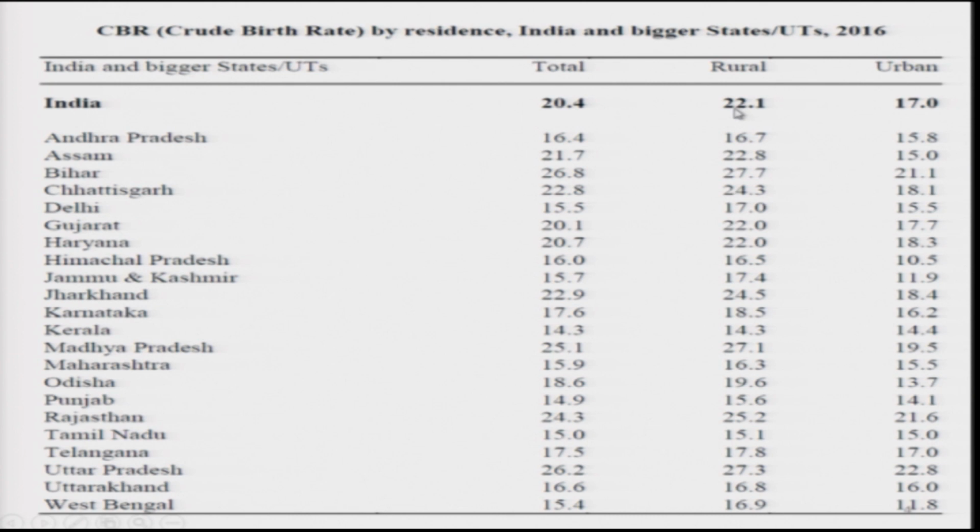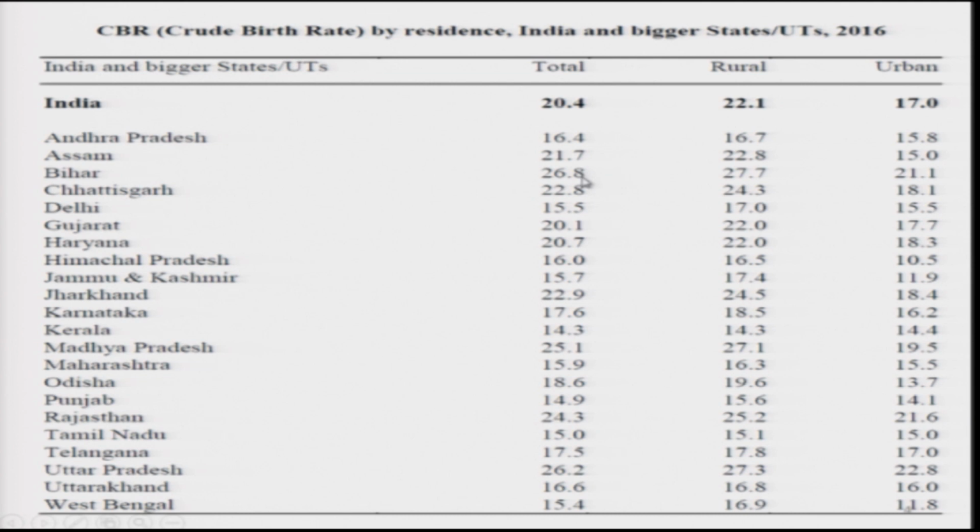Rural birth rate is slightly higher than urban birth rate. Rural birth rate is 22.1, urban birth rate is 17.0. Now, you can also look at figures of crude birth rate for different states of India. We find that the crude birth rate at the state level comprising both rural and urban population is highest in case of Bihar and UP.